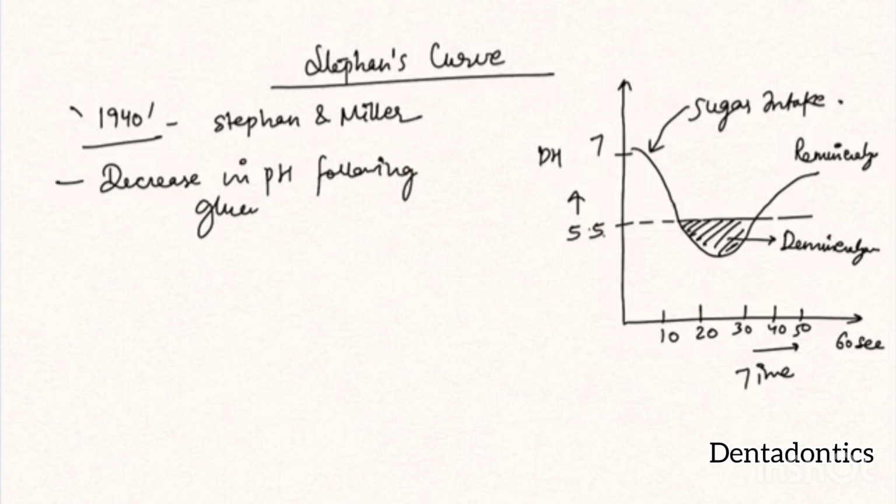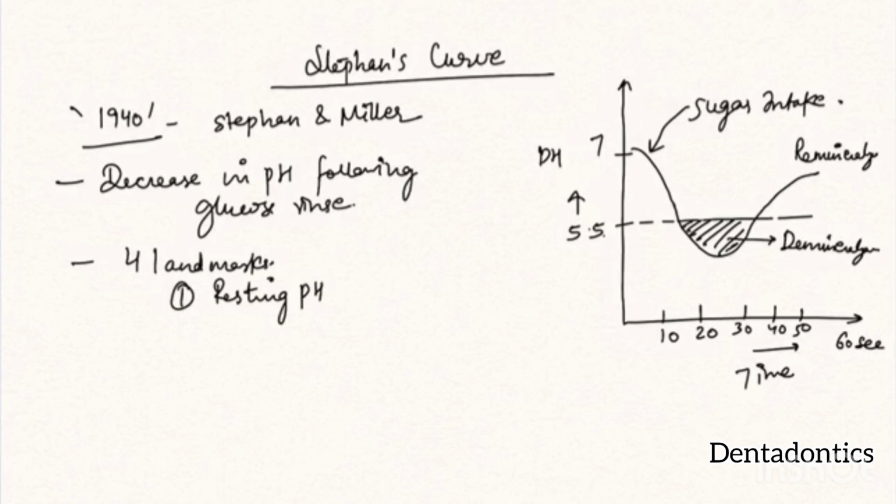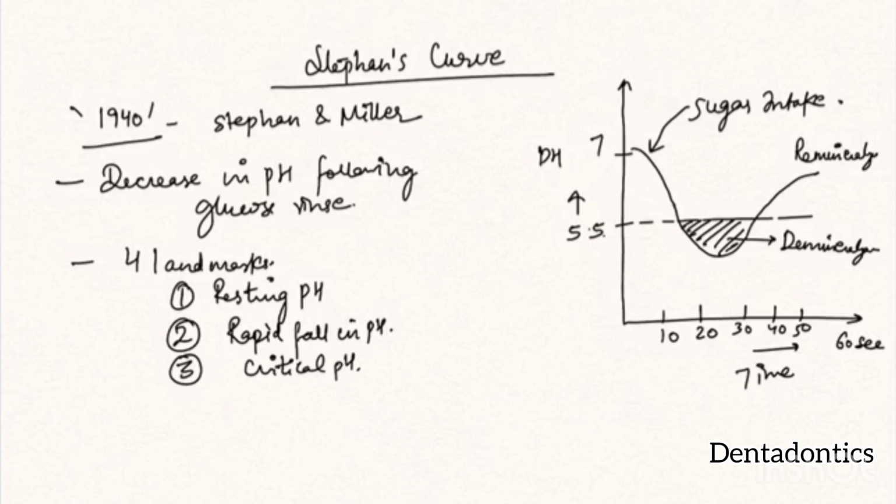So the resting pH is the pH before the test, then the rapid fall in pH is after the glucose rinse, then the critical pH is when the pH falls below 5.5. Then the recovery pH, which increases after the demineralization occurs, but does not reach normal.